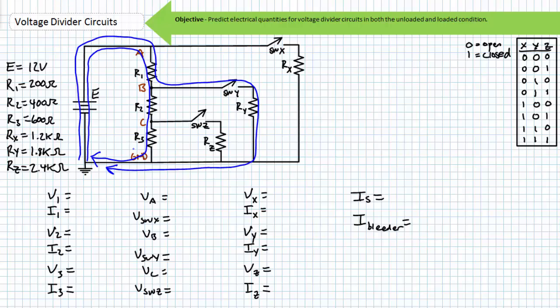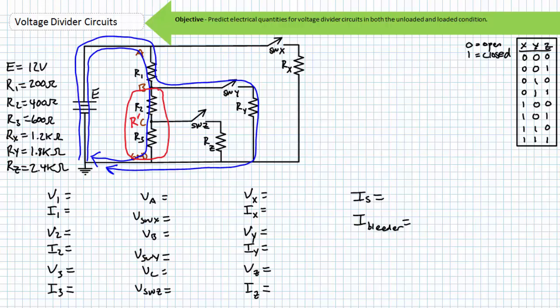When switch X is open and switch Y is closed, Ry is placed in parallel with something I'll call R', the series combination of R2 and R3. Source current will travel through R1, and at node B, bleeder current and current bound for load resistor Ry part ways. Since R' is in parallel with Ry, the voltage drop across these two components will be the same.